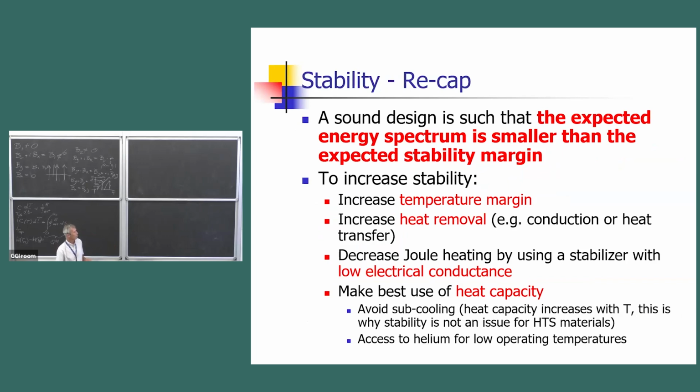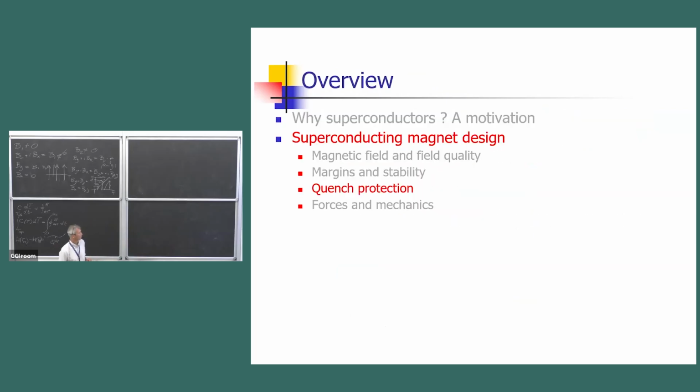To increase the stability, you want to increase the temperature margin, you have to increase the heat removal, you have to decrease the Joule heating, which means to have a parallel shunt in the material, which has low electrical resistance, copper, silver, and make best use of heat capacity. I showed you solid materials. Actually, helium, when it's cold, has the highest heat capacity of all the materials. That's why helium is so useful when you're cold.